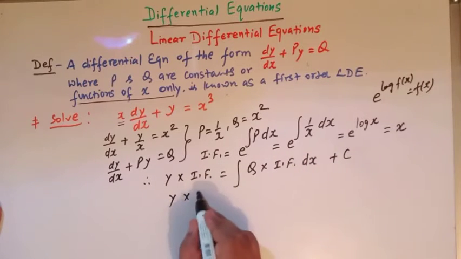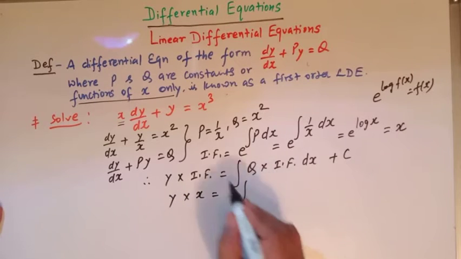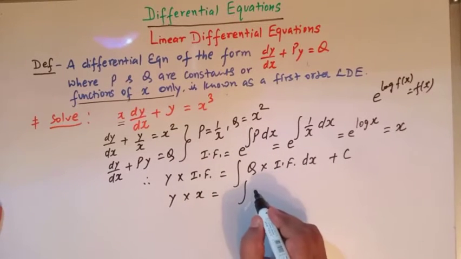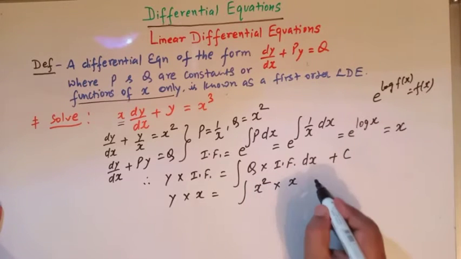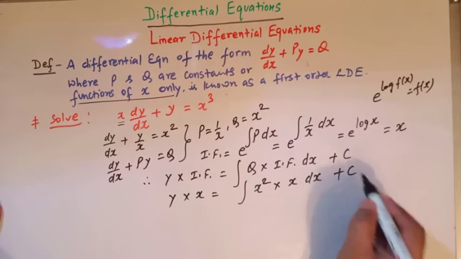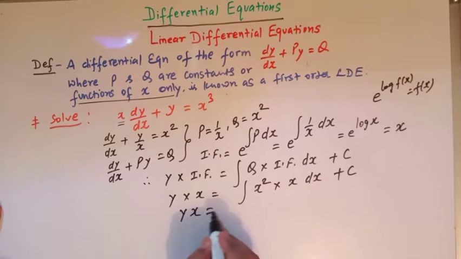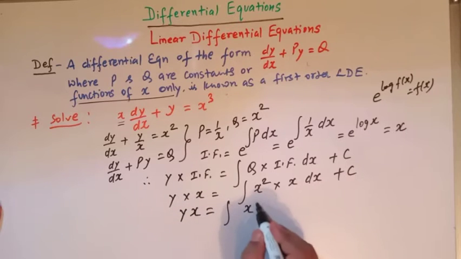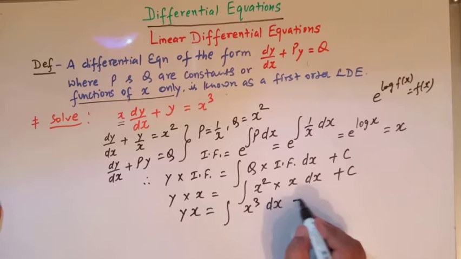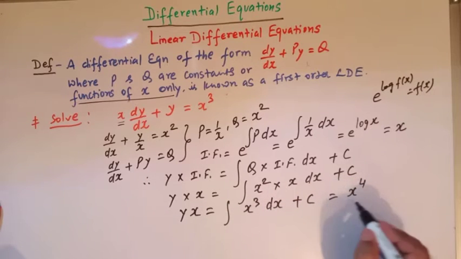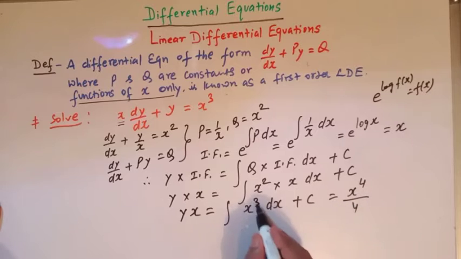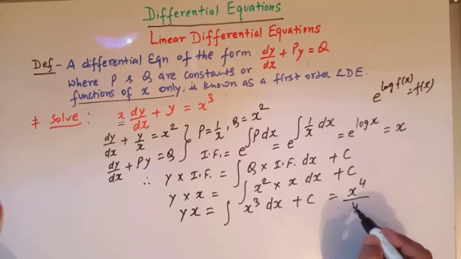The integrating factor is x, and q is x square, and the integrating factor is x, so we have yx equal to the integral of x cube dx plus c, and this can be written as x raised to 4 over 4. The integral of x cube is x raised to 4 divided by 4, plus c. Clear?